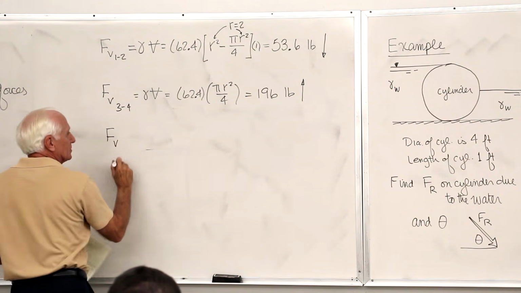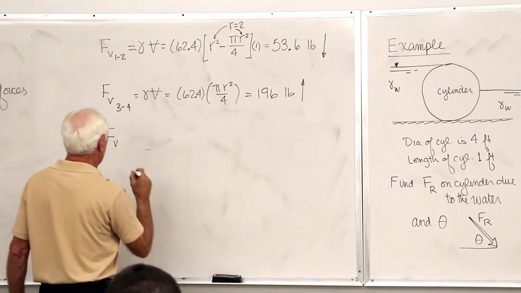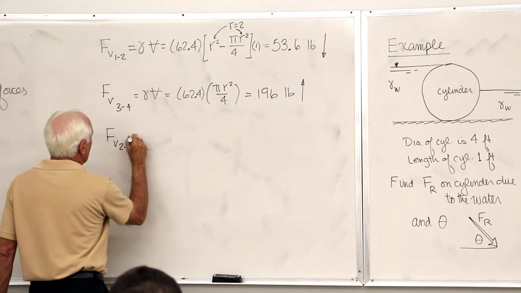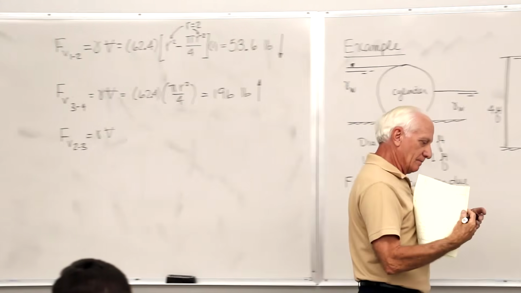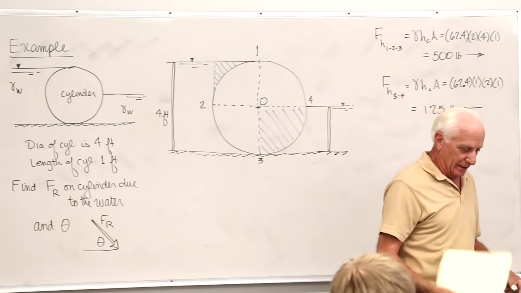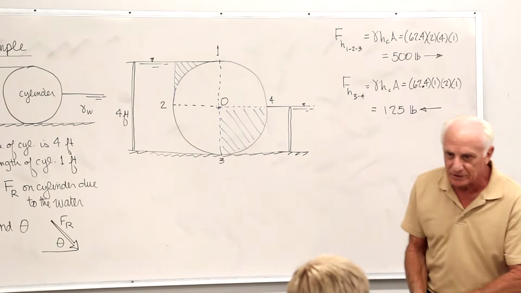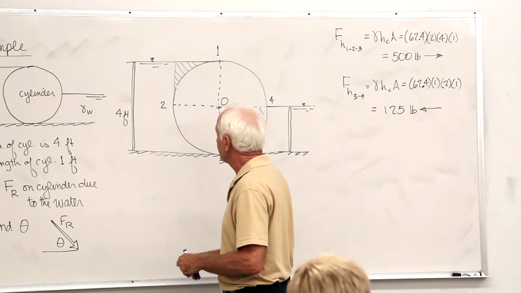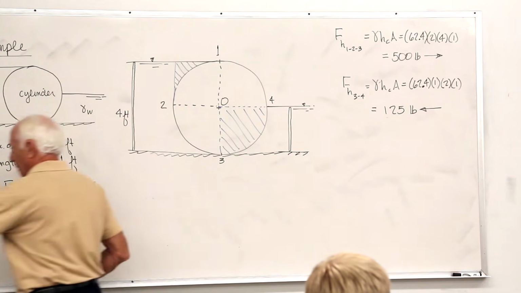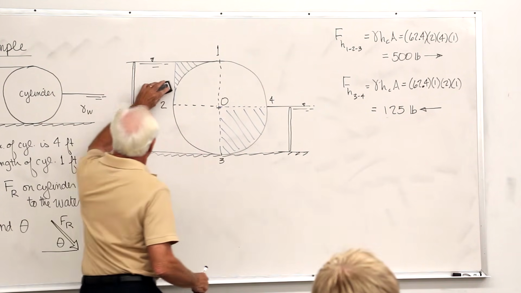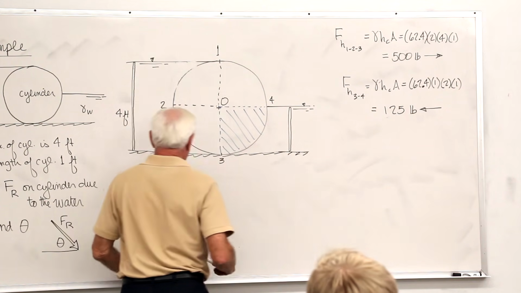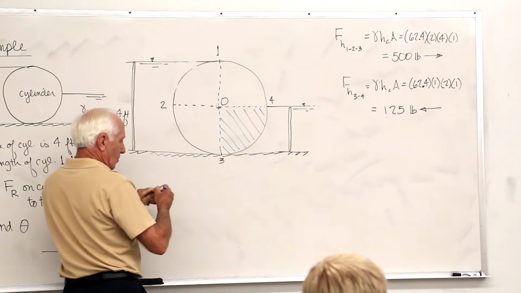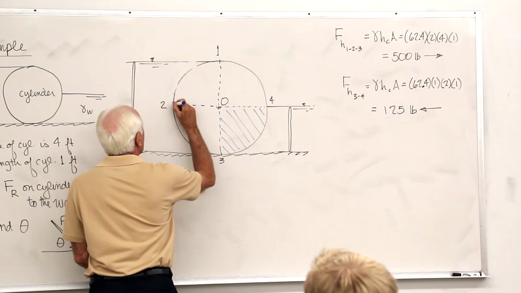Vertical force, finally, on the bigger one, 2.3. Gamma times the volume. What volume? The volume of water extending vertically from the curved surface up to the free surface, real or imaginary. Point 2, go up to the free surface.